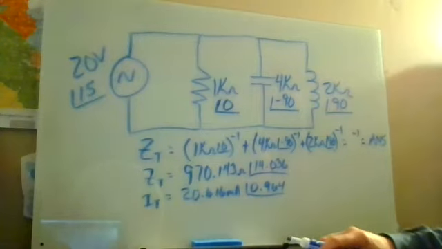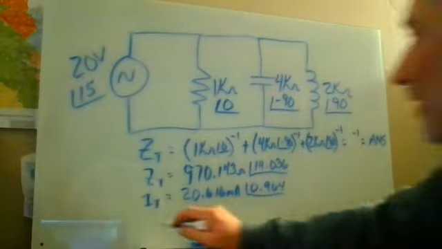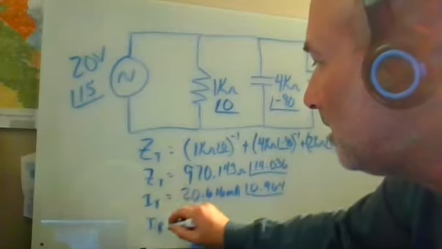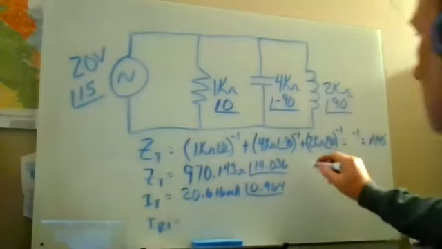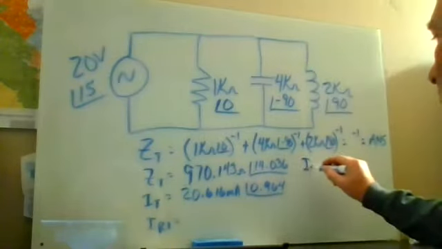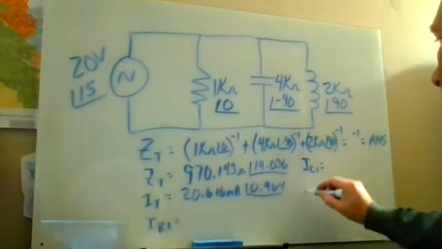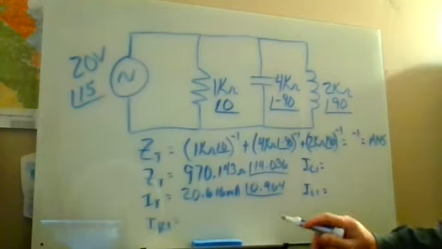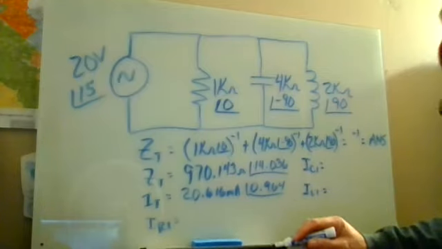And then in parallel circuits, what were we finding? We're finding all the currents. So we're going to find IR1, IC1 and IL1. Well, how am I going to do it? What do I know about a parallel circuit?